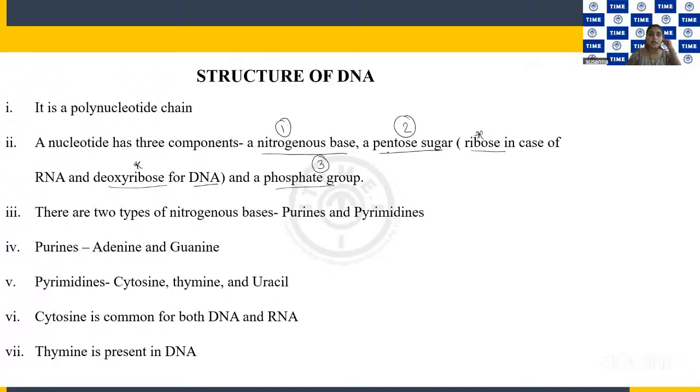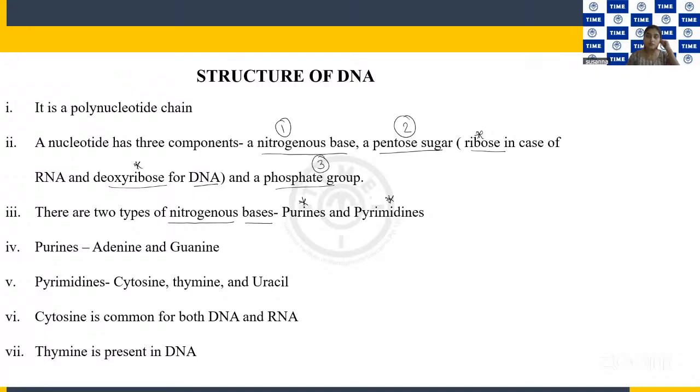Now if you pick out each component of the nucleotide, first consider the nitrogenous bases. There are two types of nitrogenous bases, purines and pyrimidines.